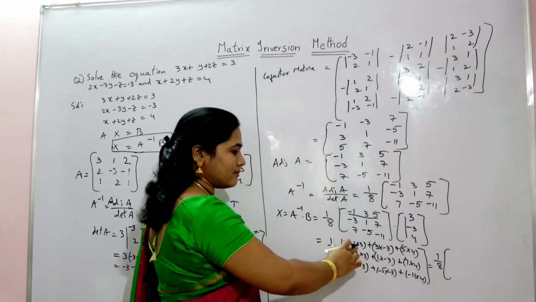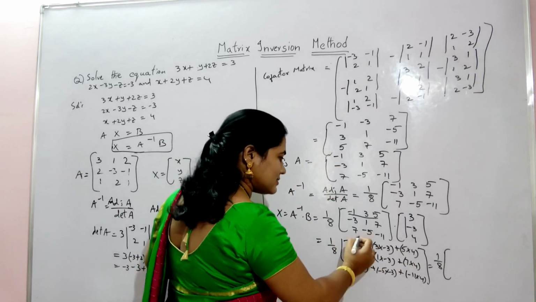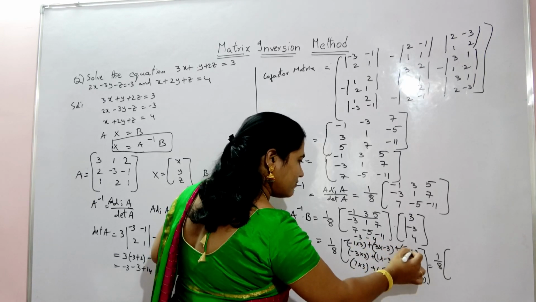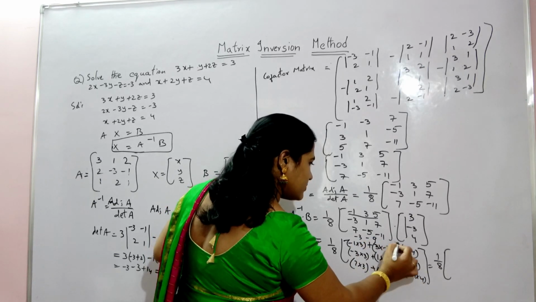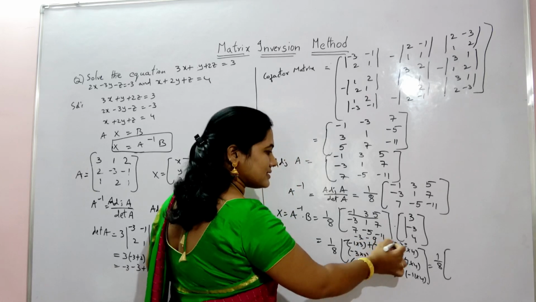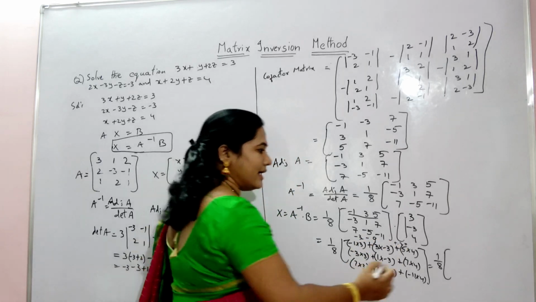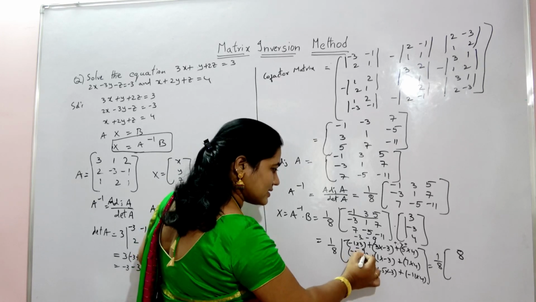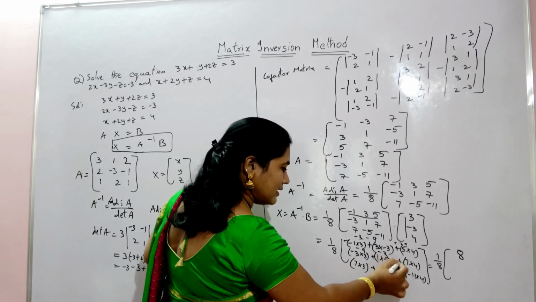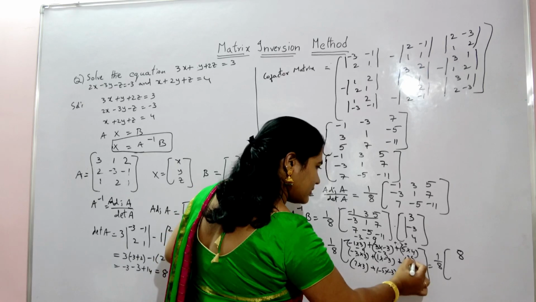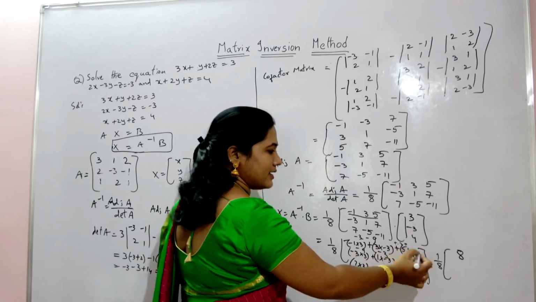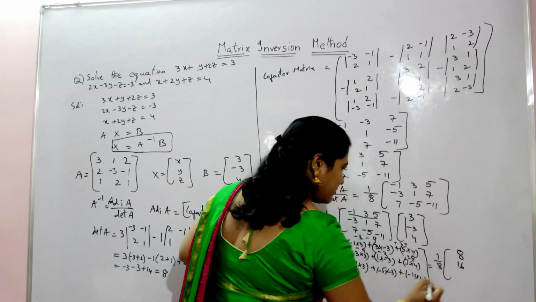So this is 1 by 8. So -3 minus 9 plus 20, so 8. And -9 minus 3 plus 28, so 16.